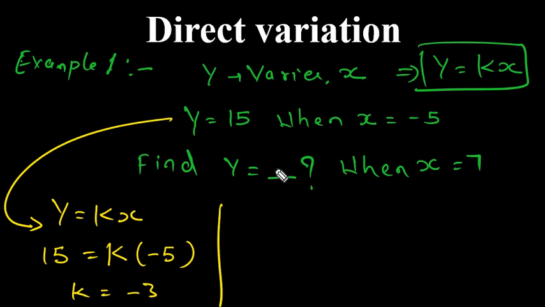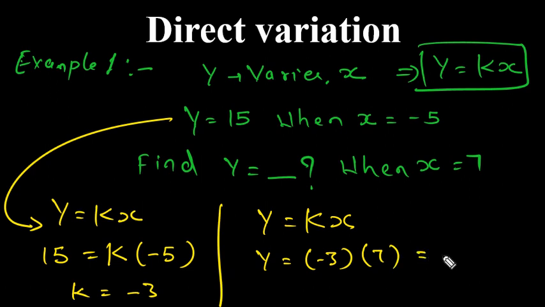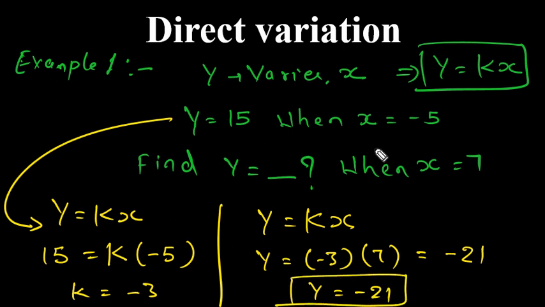Now you have to find y. y equals kx again, right? So y equals, k is -3, x is 7, and that will give you -21. So y equals -21 will be your answer. This is your method 1.